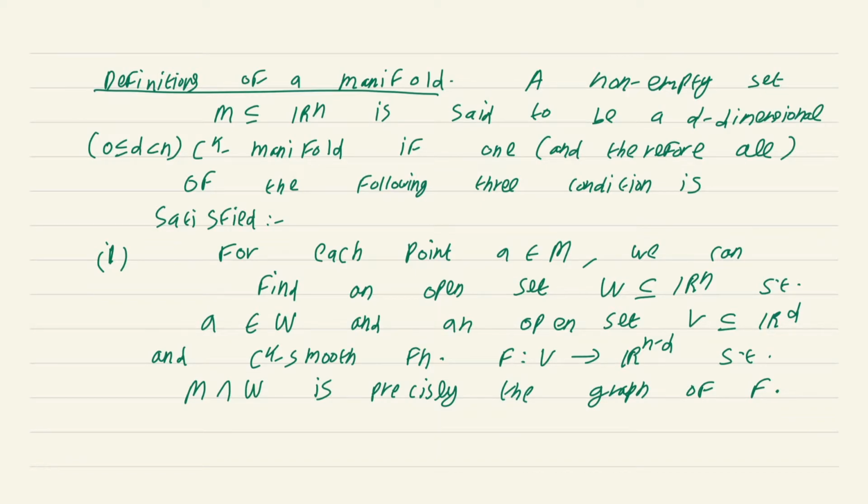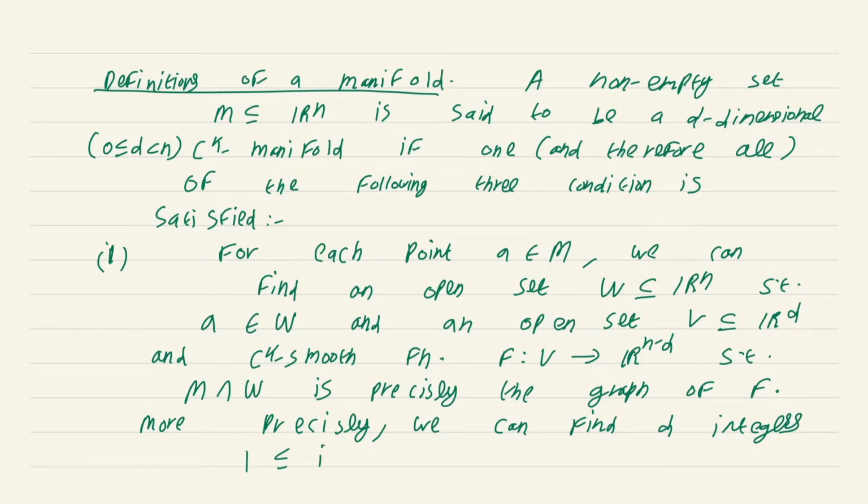Now I'm going to make precise what is the meaning of M intersect W is the graph of f. More precisely, we can find d integers, 1 less than or equal to i1 less than i2 less than ... less than id less than or equal to n.